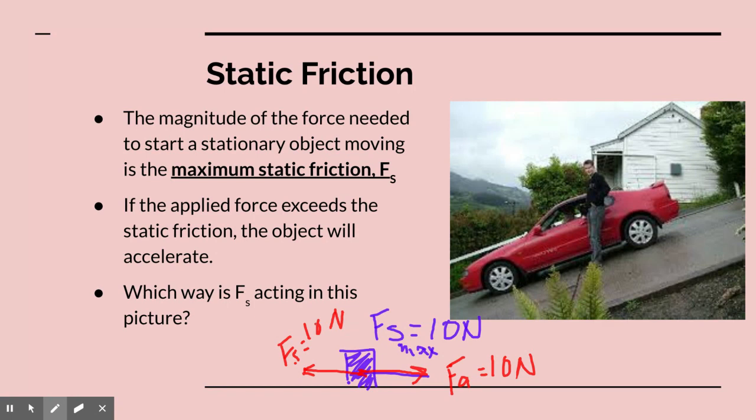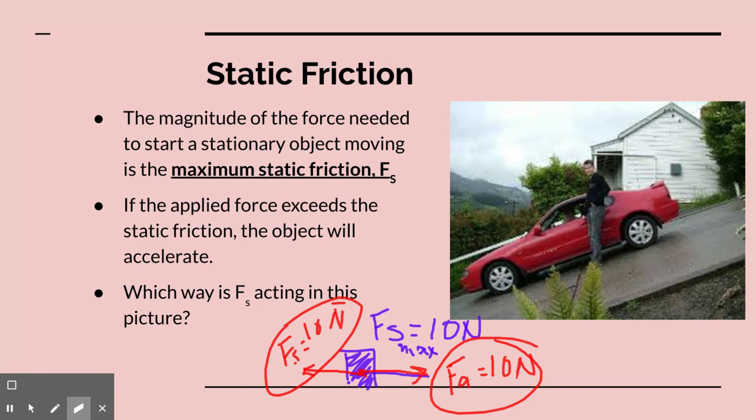I know this seems kind of goofy, and it'll make more sense when we get to those examples. But just know the bottom line is that it is possible to have motion if your applied force is equal to your static friction force. Okay, so it is possible.